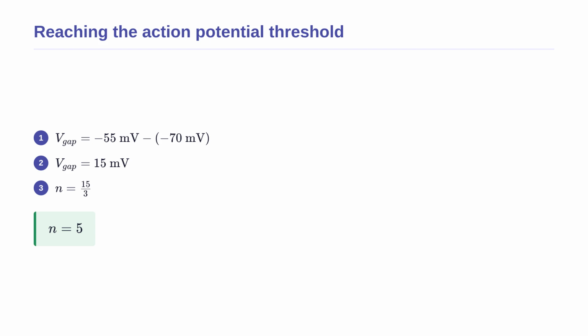First, we find the total voltage gap by subtracting the resting potential from the threshold, which gives us a required shift of 15 millivolts. Next, we divide this 15 millivolt gap by the 3 millivolt size of a single EPSP. The final answer is 5. This shows us that a single synapse is rarely enough. It requires the teamwork of exactly 5 simultaneous EPSPs to push this neuron over the edge into firing.